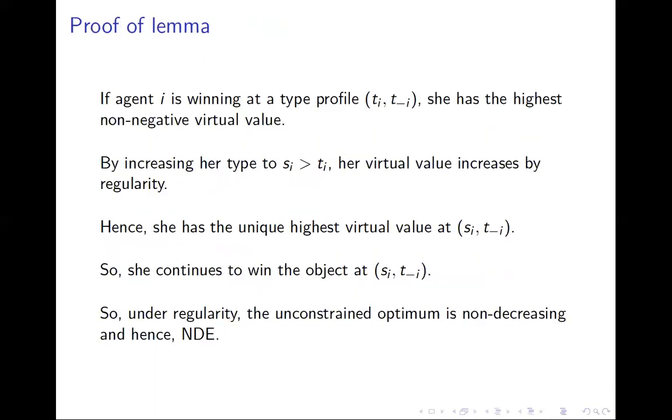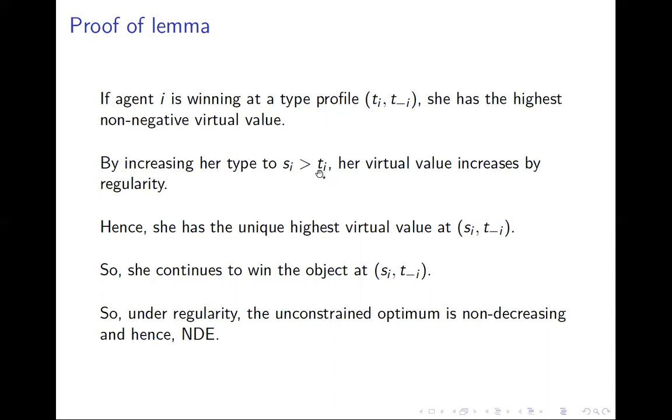For non-decreasing, we take an agent i who is winning at type profile (t_i, t_{-i}). If she is winning there, she must have the highest non-negative virtual value at that type profile. That's why she is winning.